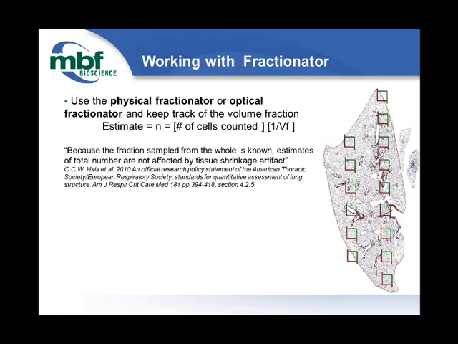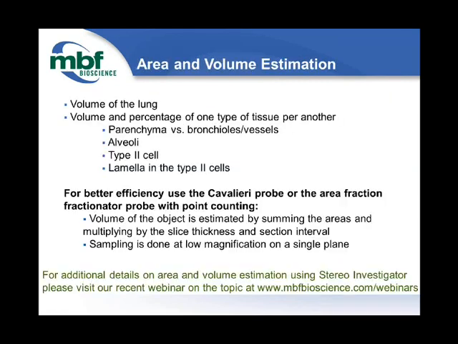So when you can, in the lung, keep track of the volume fraction and use the Fractionator instead of the NvVref method. Okay, let's take a look at some of that data and take a broad overview of how these probes work. What if you're looking for the volume of the lung? Or what if you're looking for the volume or the percentage of one type of tissue per another?